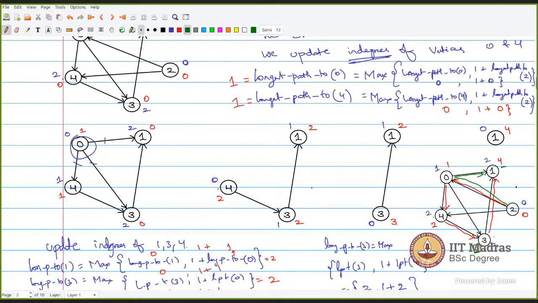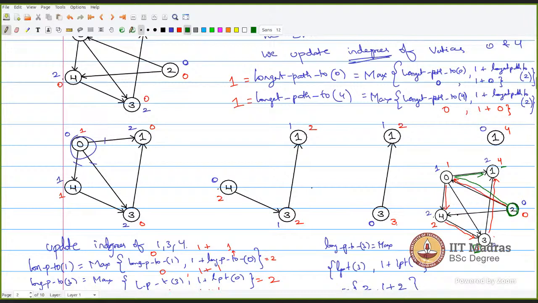So can I say from the first step, the longest path distance is 0 to 4, as we started from vertex 0? We started from vertex 2, right? Sorry, 2 to 4. That is what 2 to 4 is the shortest path. So using this direct edge, I can reach 4. That's the shortest.